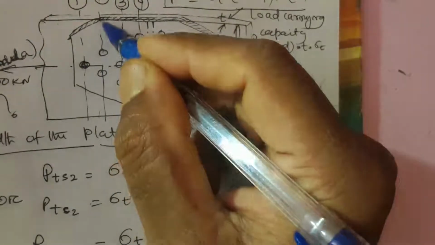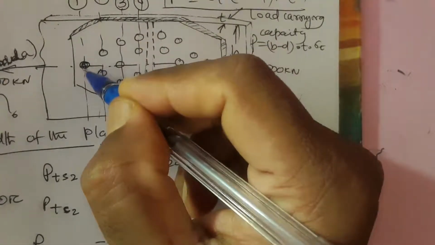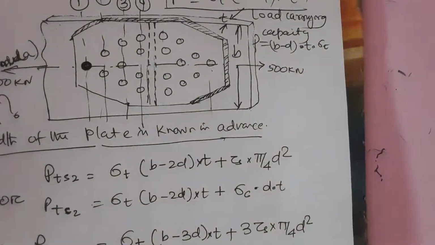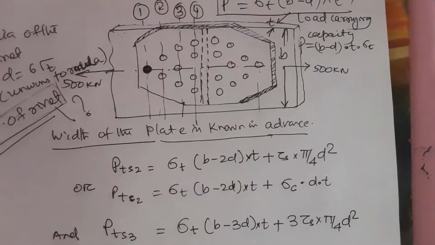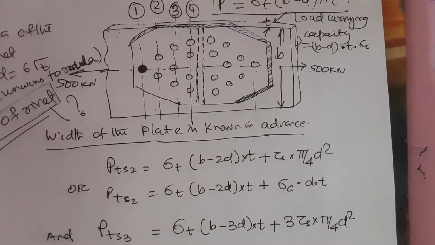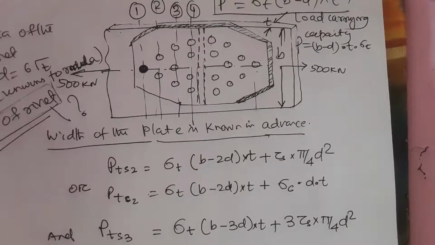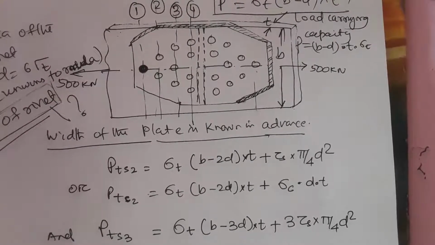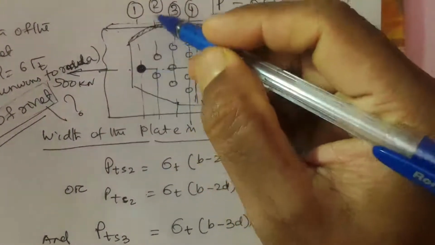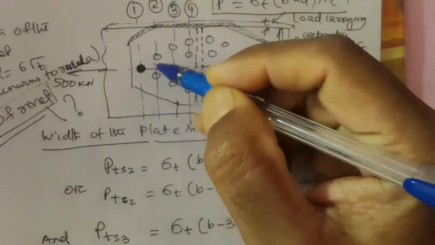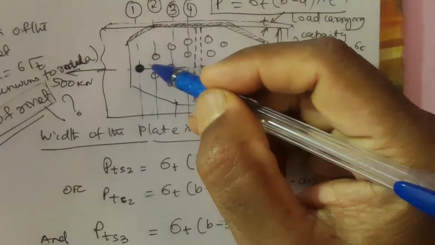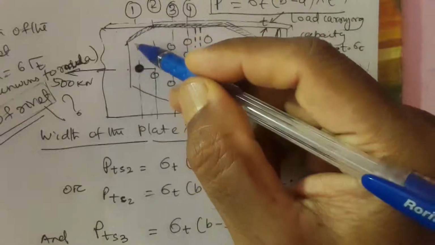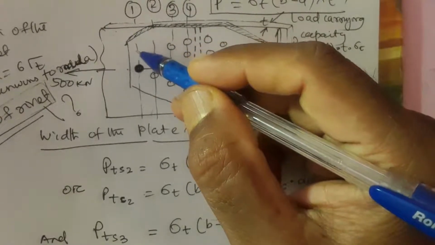When the plate is tearing at this section, the front rivet has to either shear or crush, whichever is less. That means tearing at row 2 is possible only when the rivets in the outermost row either shear or crush at the same time.